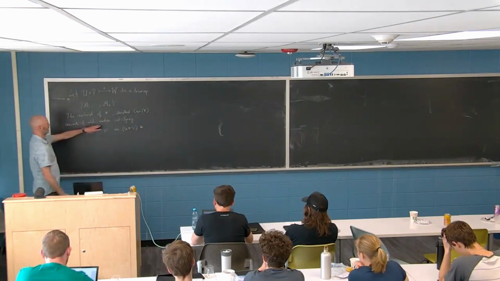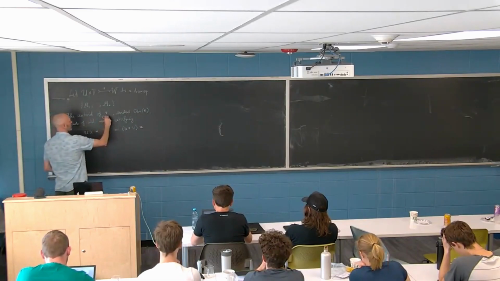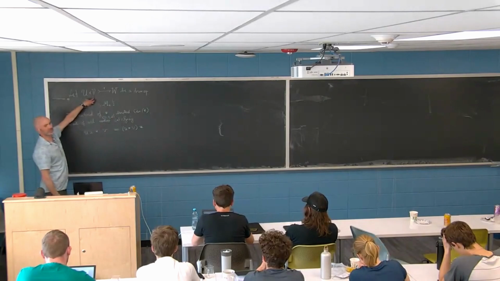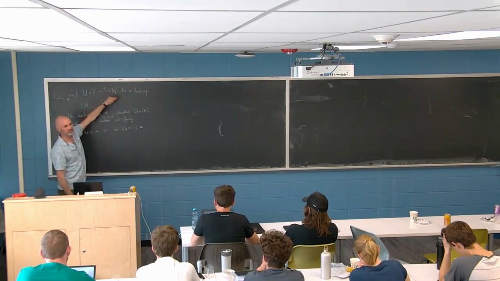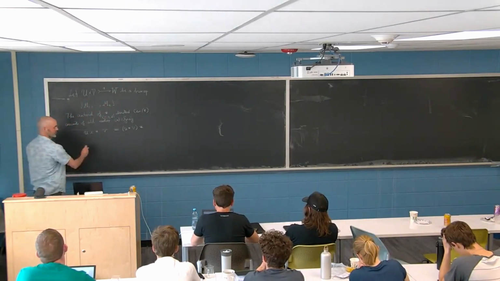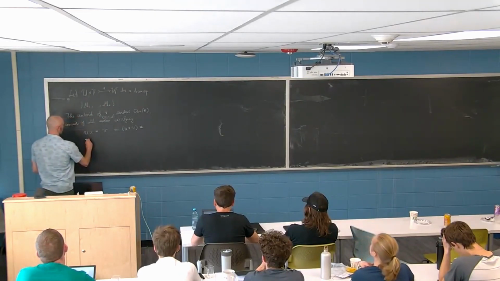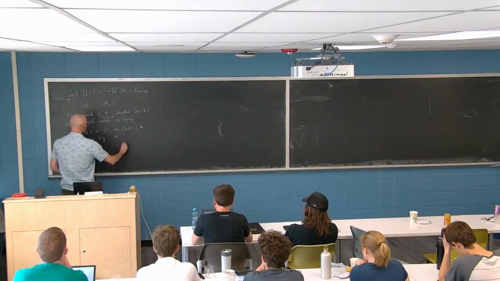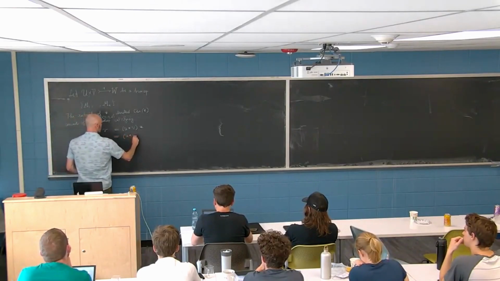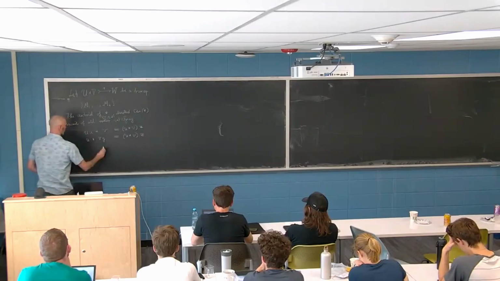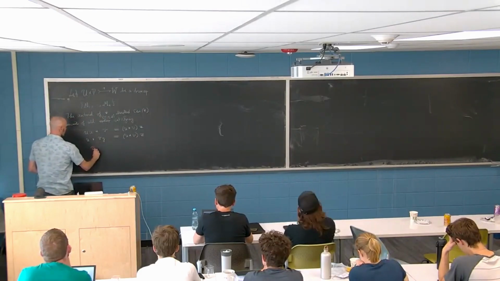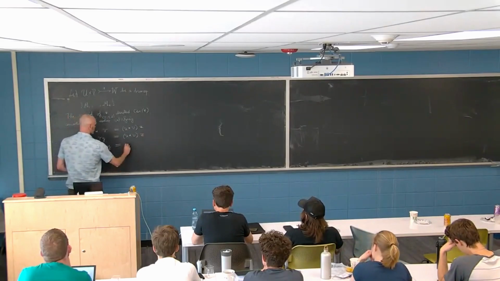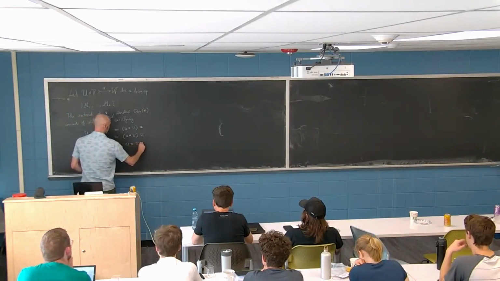Remember by endos what I mean are triples x, y, z, where x is an endomorphism of U, y is an endomorphism of V, z is an endomorphism of W. So this is the first condition. And the second one is that u star vy, the same thing on the right, u star v z, and finally u x star y equals u star vy.